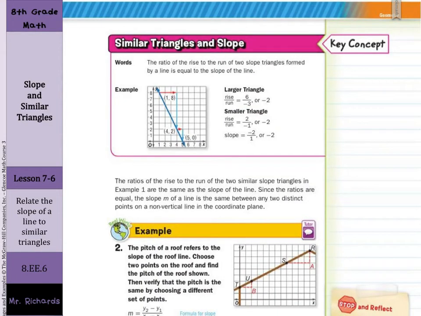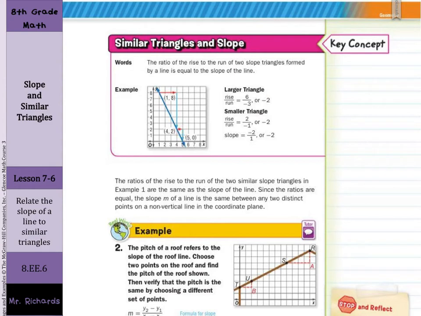Which takes us now to similar triangles and slope. The ratio of the rise to the run of two slope triangles formed by a line is equal to the slope of the line. So as we can see in our key concept box, for the larger triangle here, our rise was 6 for a run of -3 or -2.